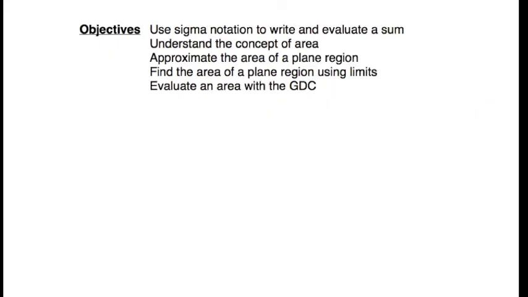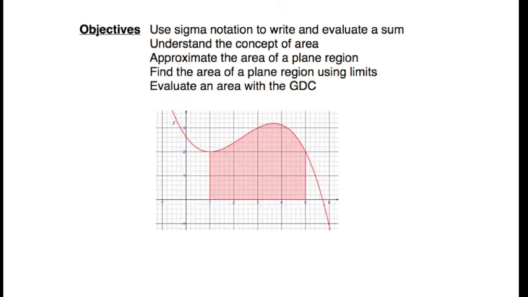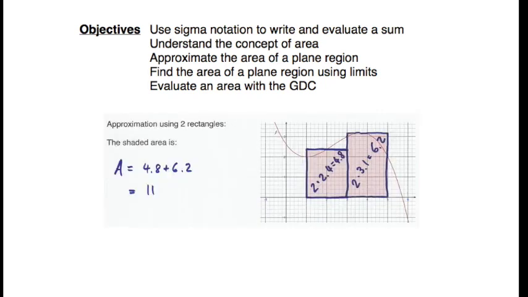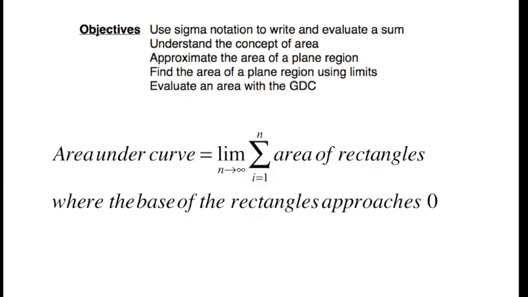So we'll now revisit all the objectives. The first one was to use sigma notation to write and evaluate sums, so we've seen that. The concept of area bounded by x equals 1, x equals 5 here, bounded by the x-axis and the curve. We've seen that we can approximate area of regions by choosing rectangles.